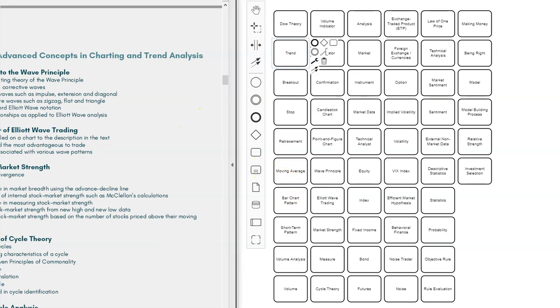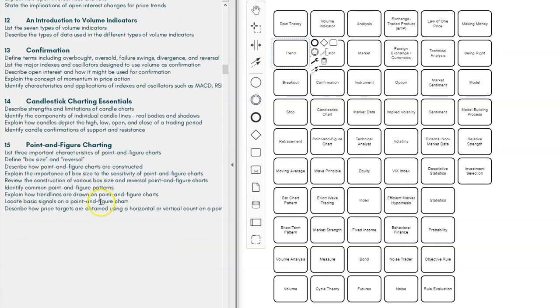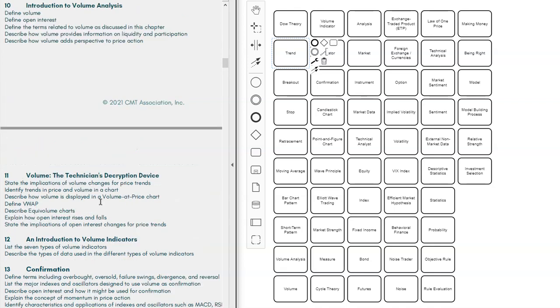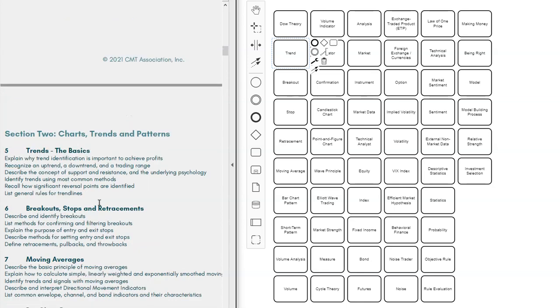Bar chart pattern analysis. Volume. Now, I don't think I actually had the word chart. We had a candlestick chart, we had the point and figure chart, but what about simply a chart?